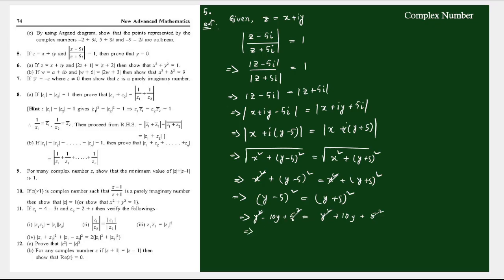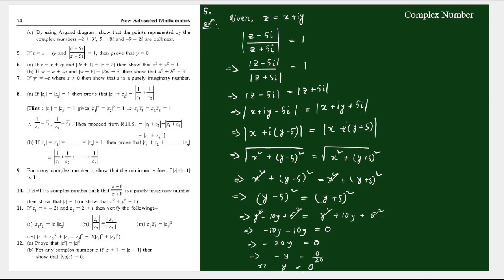Then you have got minus 10y, and this is your plus 10y. So if you bring this side, it will become minus 10y minus 10y equals 0. So you will get minus 20y equal to 0. Now it makes sense. 0 by 20, so y equals 0.